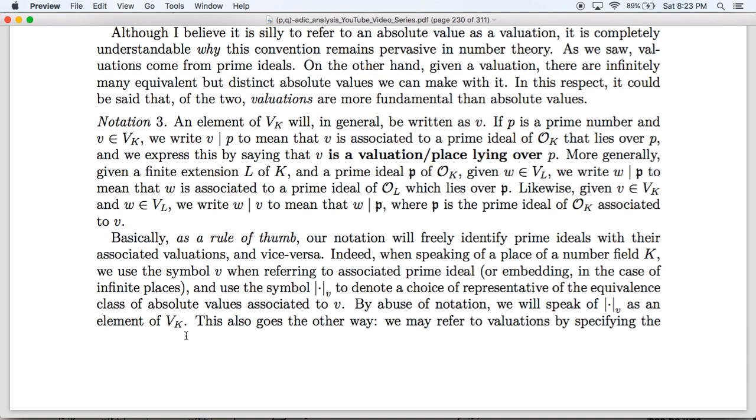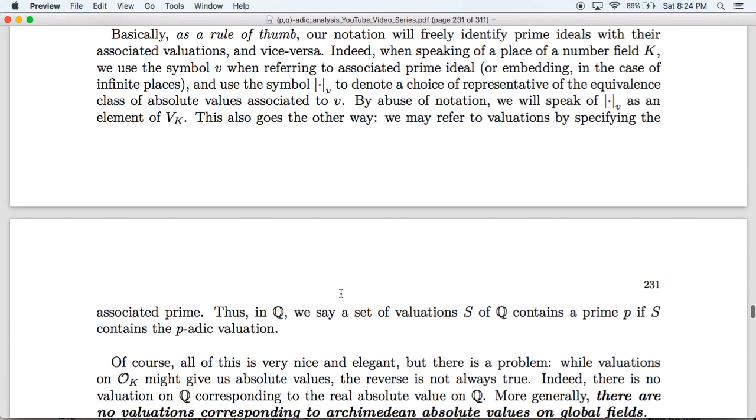In other words, we're going to be treating places, which are technically equivalence classes of absolute values, as both valuations and absolute values, and also prime ideals. So, for example, given Q, I say a set of valuations S of Q contains a prime p if S contains the p-adic valuation.